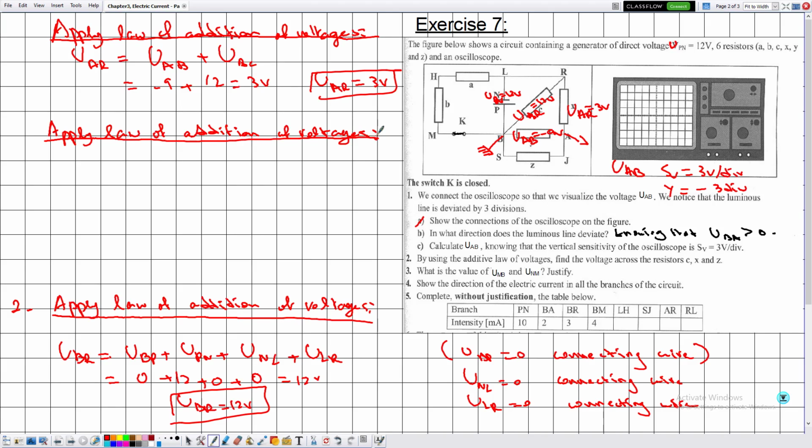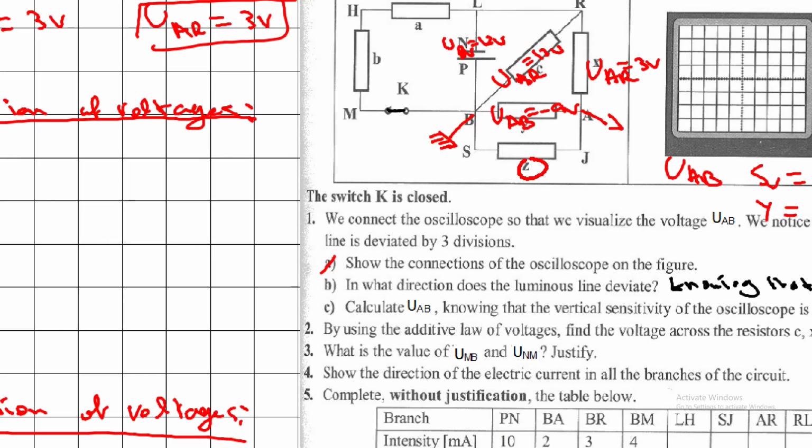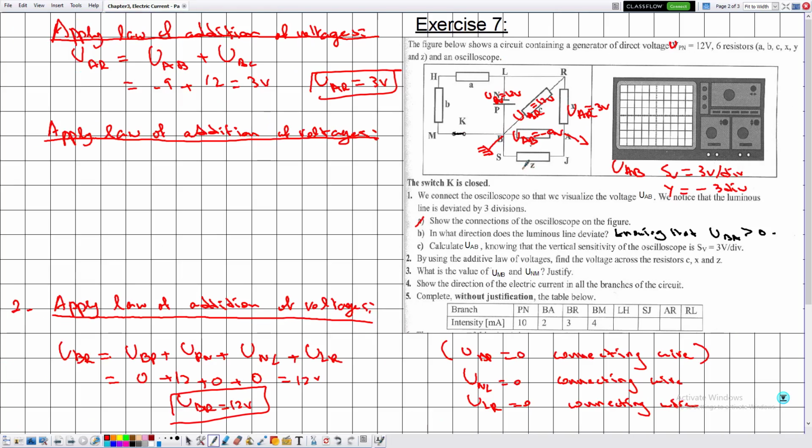So on the left hand side we write the voltage that we are interested in calculating, which is the voltage across Z, which is either USJ or UJS. In this case I will consider USJ because it's positive, which is equal to USB plus UBA plus UAJ.